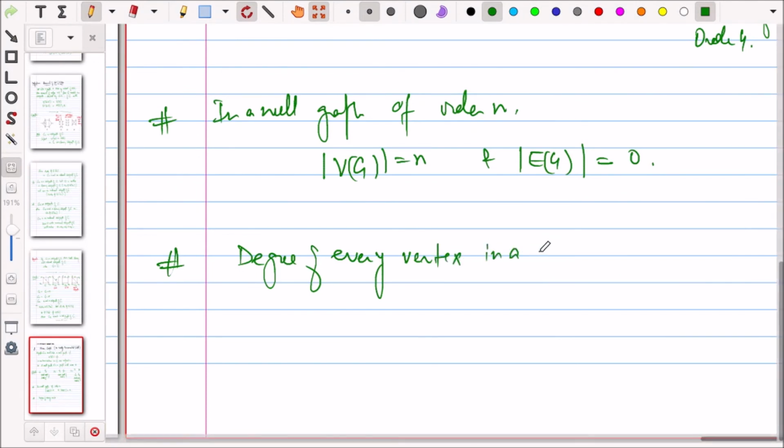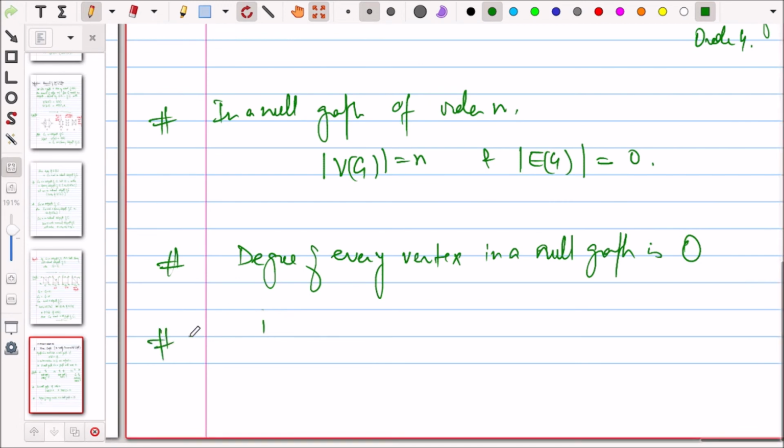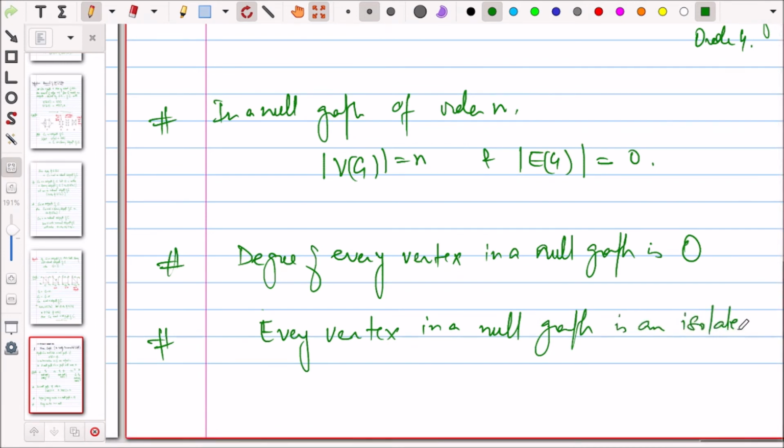Is also 0. Every vertex in a null graph is an isolated vertex. Okay.